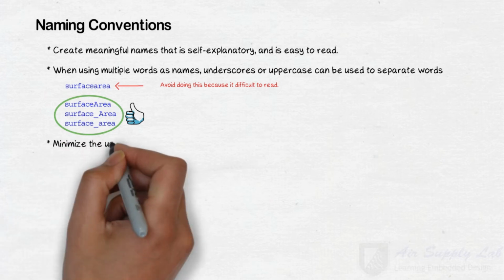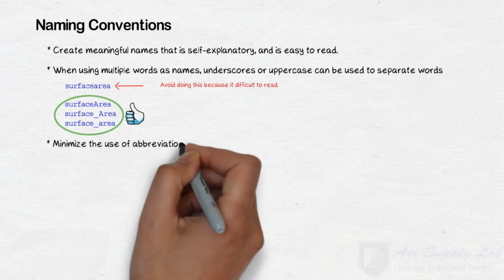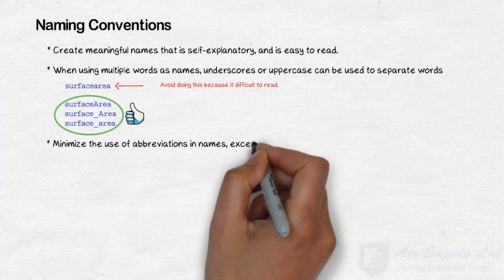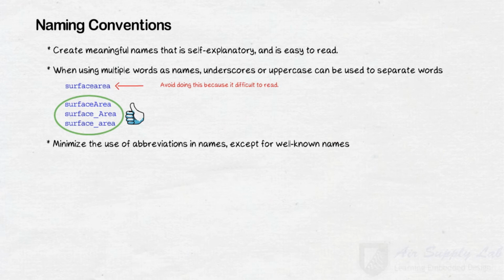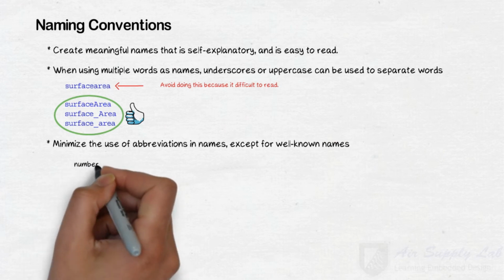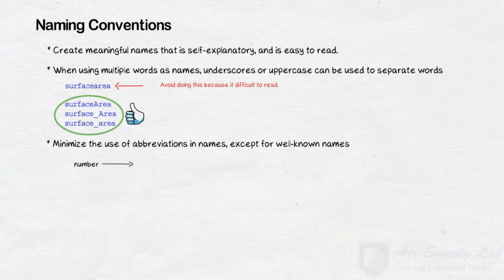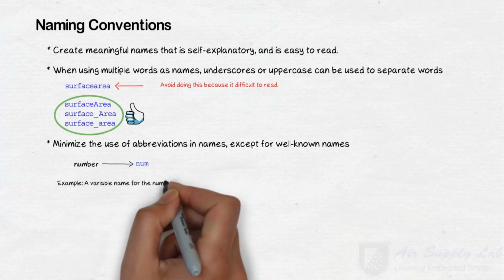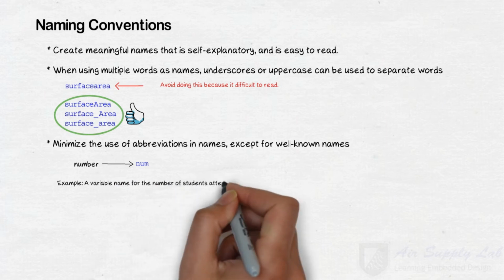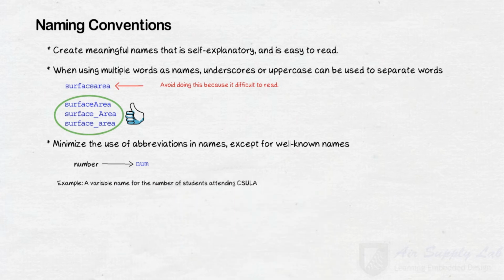Minimize the use of abbreviations in names, except for well-known names. For example, you can abbreviate number as NUM. Define a variable name for the number of students attending CSULA.